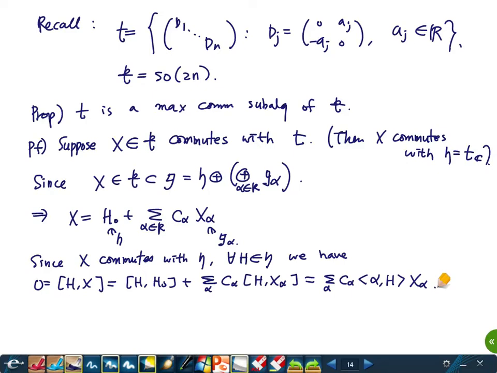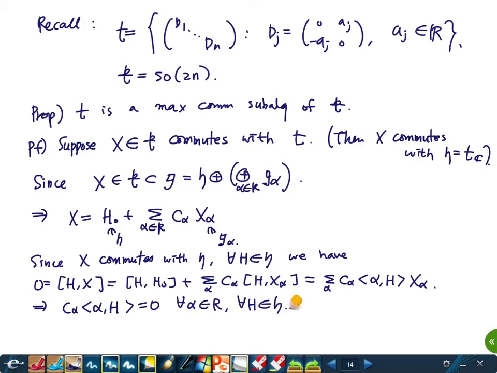But now we expressed 0 as a linear combination of the X_alphas, and this is a direct sum, a vector space direct sum. So this has to be 0; the coefficients must be 0. So c_alpha alpha(H) is 0 for all H in the Cartan subalgebra.